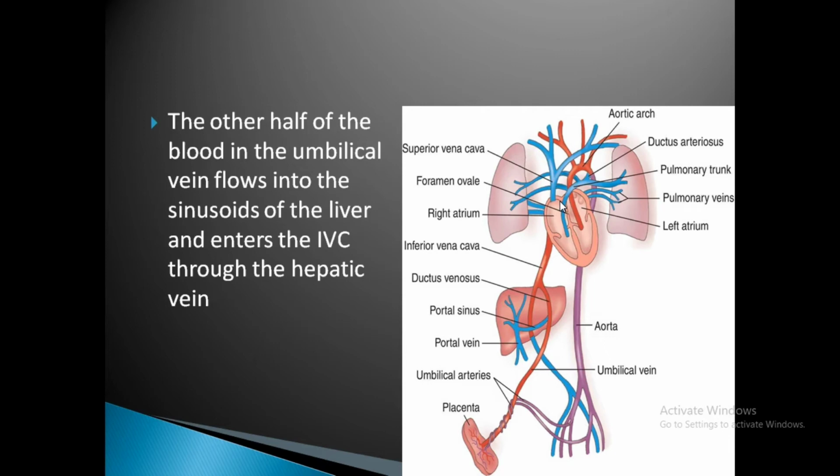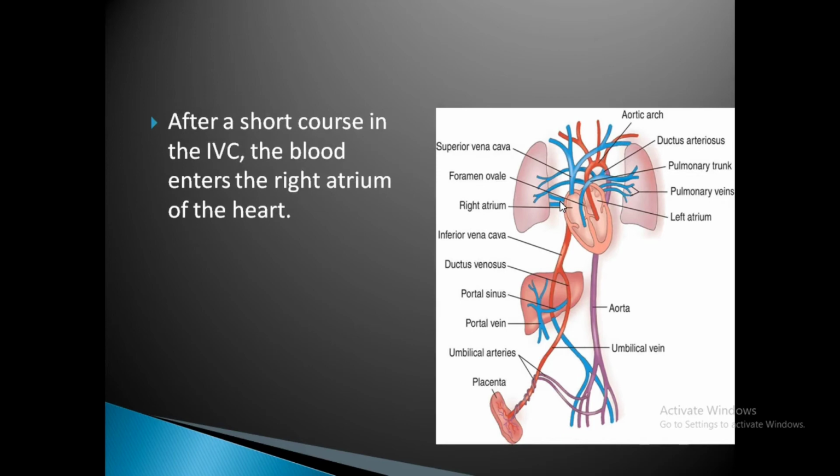So ultimately the blood from the umbilical vein enters the inferior vena cava. And from the inferior vena cava, the blood enters the right atrium of the heart.